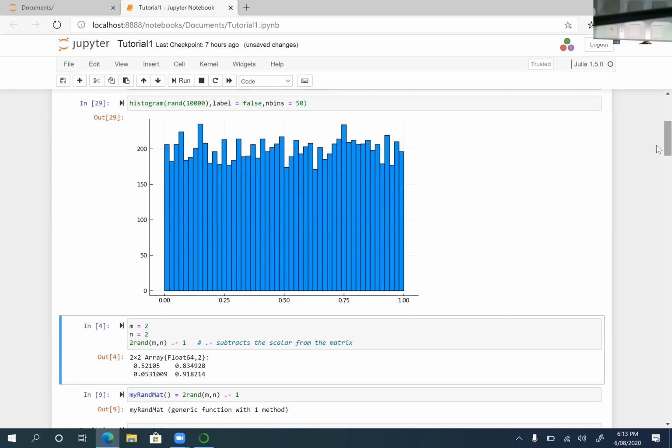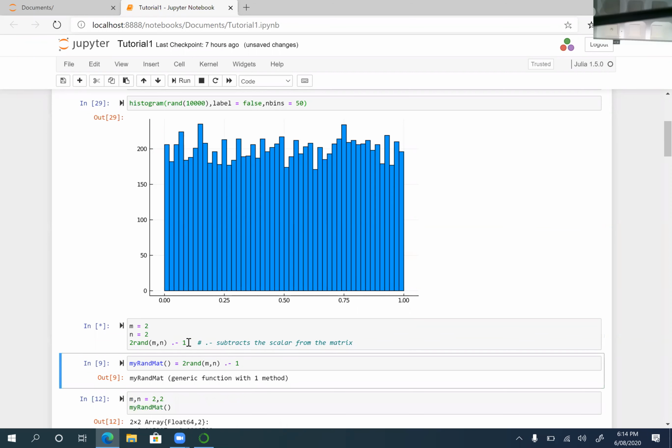This time it's just 2 by 2, and then we're multiplying that by 2 so that we increase the range. And then we're subtracting 1 from each entry. That's why there's a dot minus there, because that is subtracting from each entry the number 1. Then we end up with the kind of random matrix that we're after.